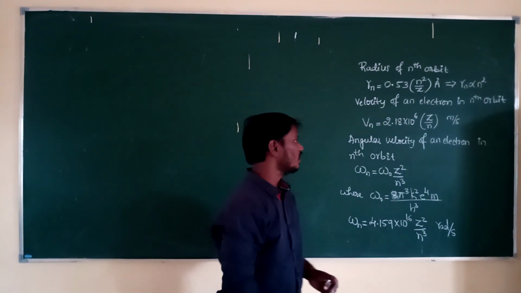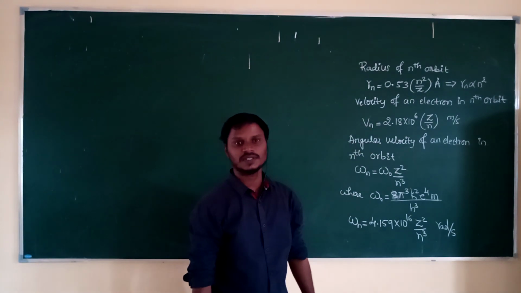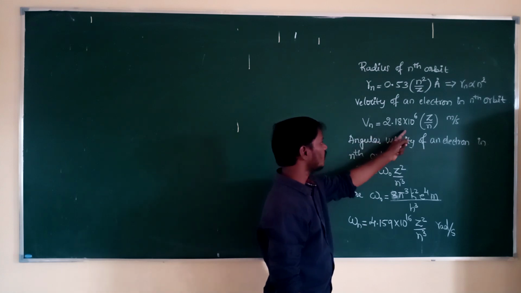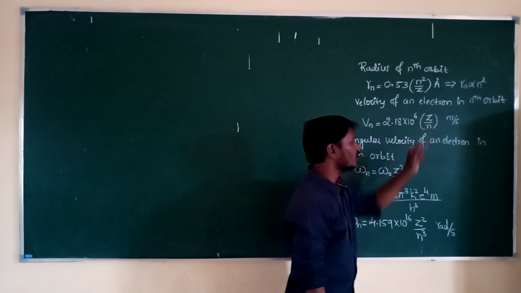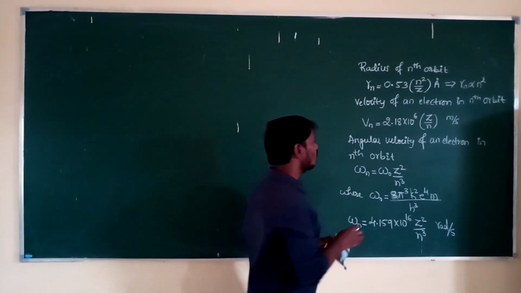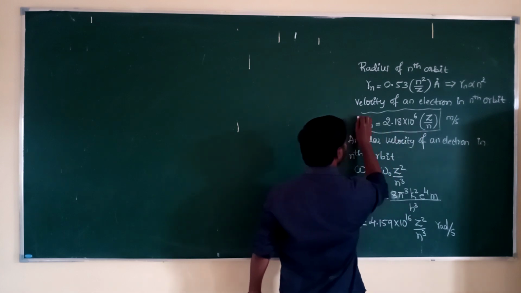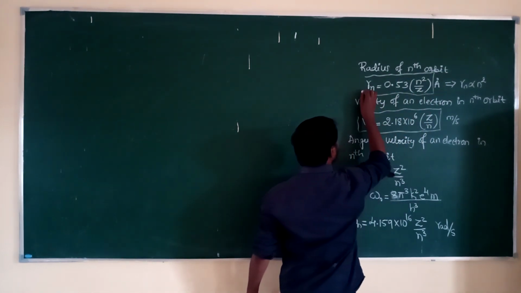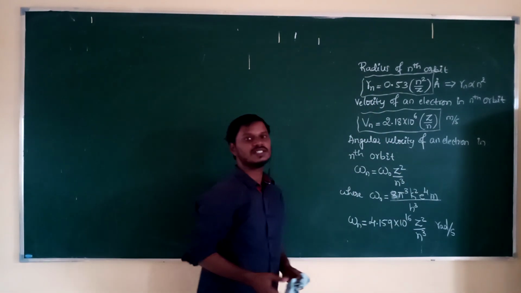Okay. Then next, what about the velocity of an electron in the nth orbit of an atom? That is Vn = 2.18 × 10^6 × Z/n meter per second. Here the velocity is measured in meter per second, and the radius is measured in angstrom. Then how is the velocity of the electron related to the principal quantum number?